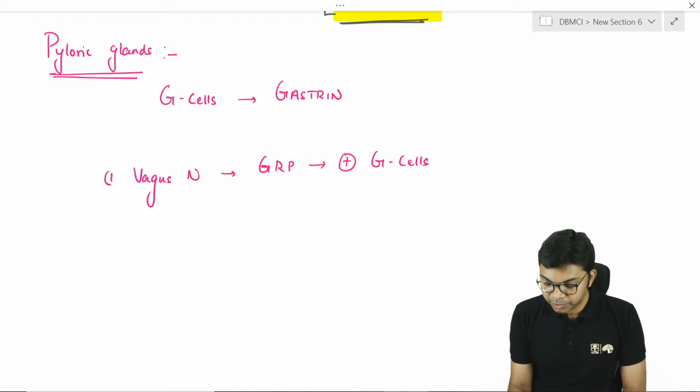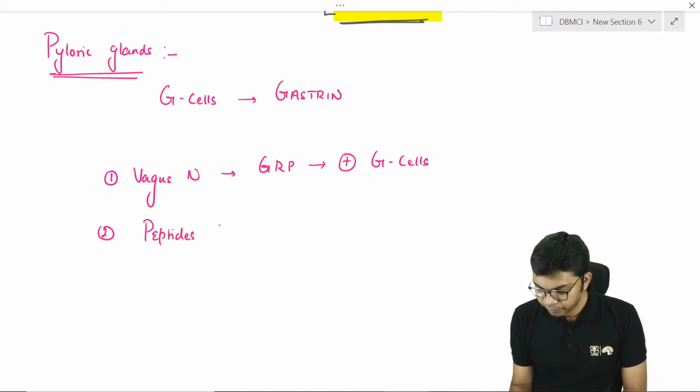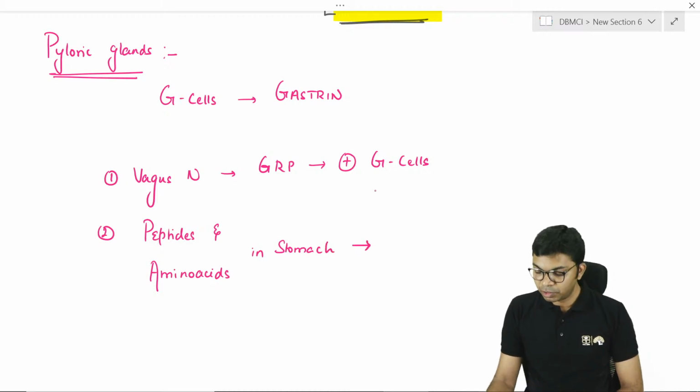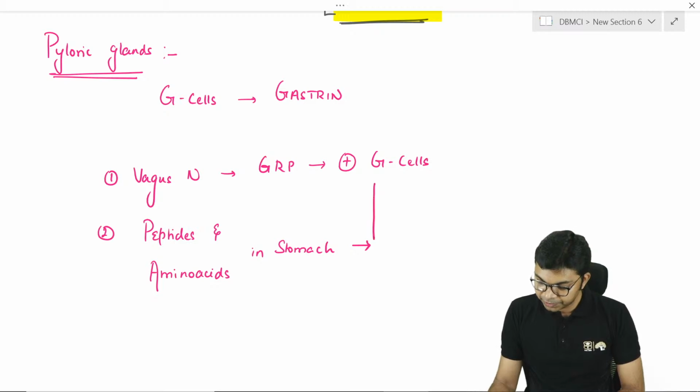That's trigger number 1. Trigger number 2, peptides as well as amino acids in the food that reaches the stomach, is also going to trigger G cells.